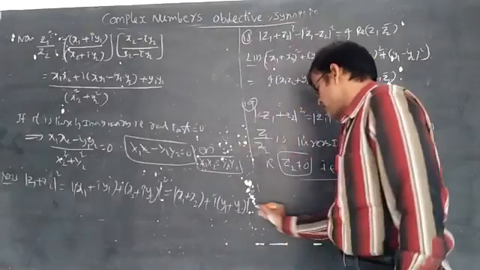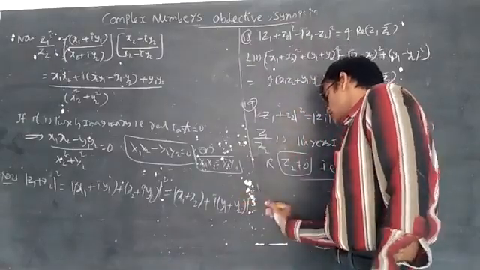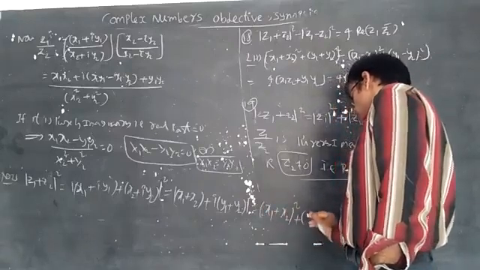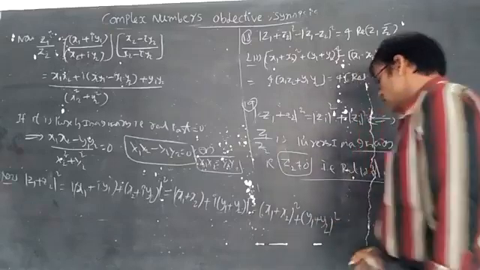Now write like this: modulus is real part square plus imaginary part whole square. So x1 plus x2 whole square plus y1 plus y2 whole square.